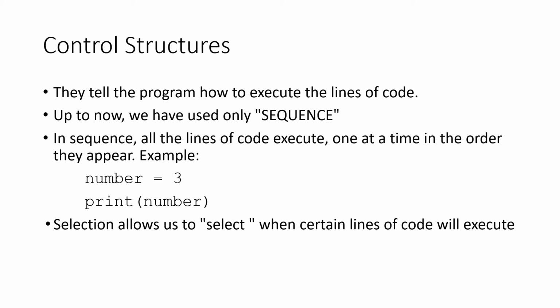So we're going to see 3 on the screen because those two lines of code happen in that order. Selection will allow us to select whether to do or not to do something, and that is the if statement.